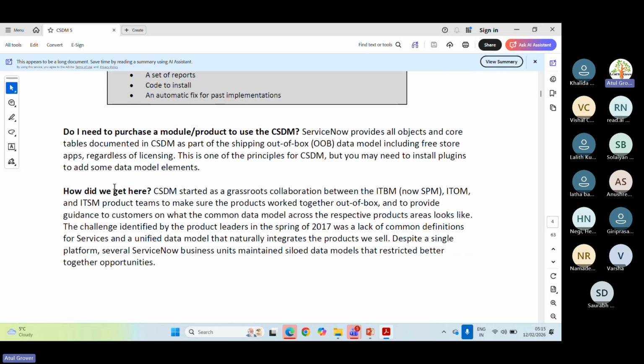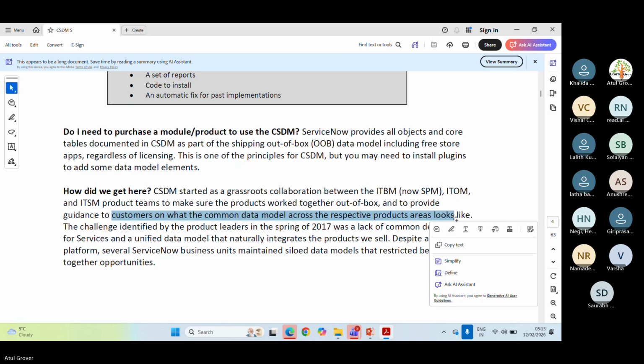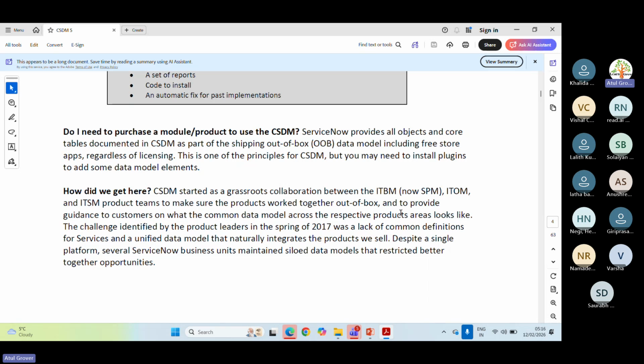So if you see this part, how did we get there? CSDM started as grassroots collaboration between ITBM, ITOM, and ITSM products to provide guidance to customers on what common data model to use across products for reporting. It is about how my ITBM, SPM, ITOM, and ITSM products work together as one, in one thread. Because ITBM says, I have my own data model.